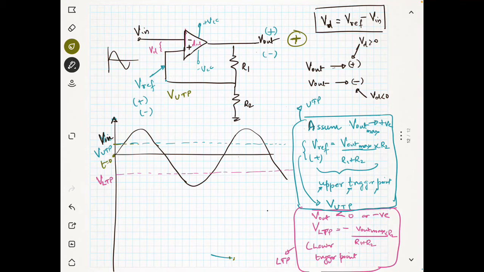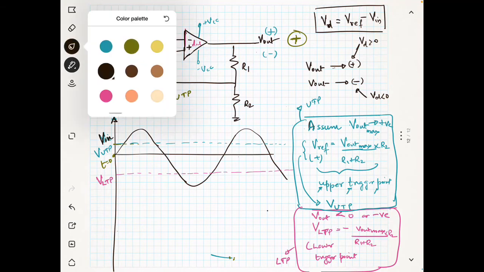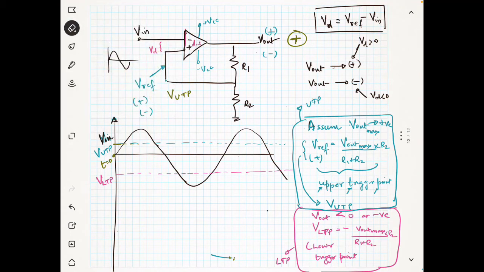This is the time t equal to 0. Your input voltage was less than VUTP.